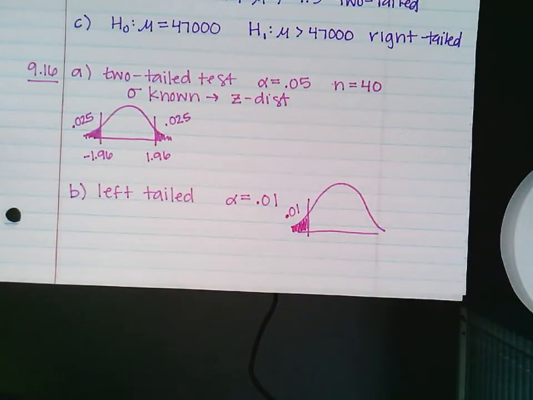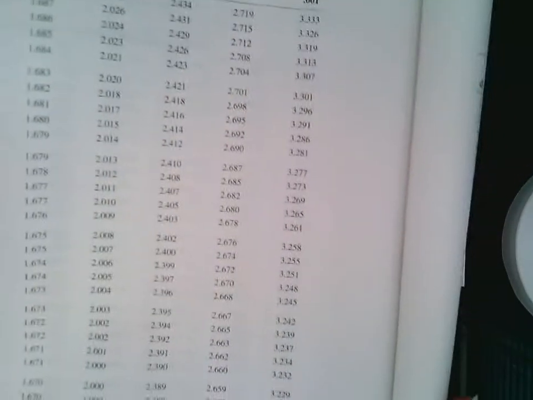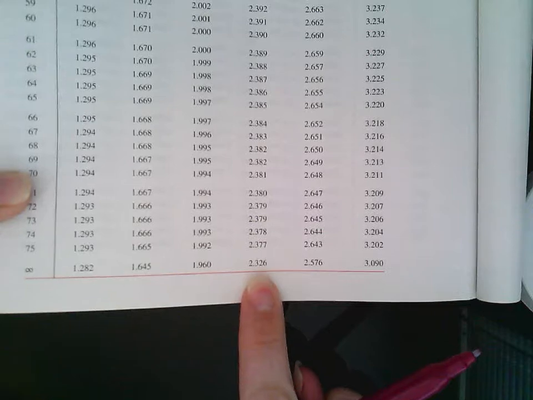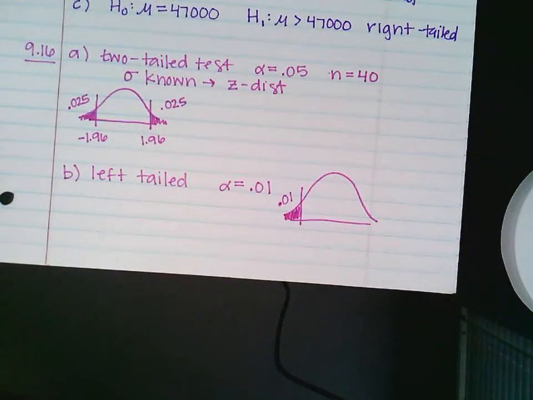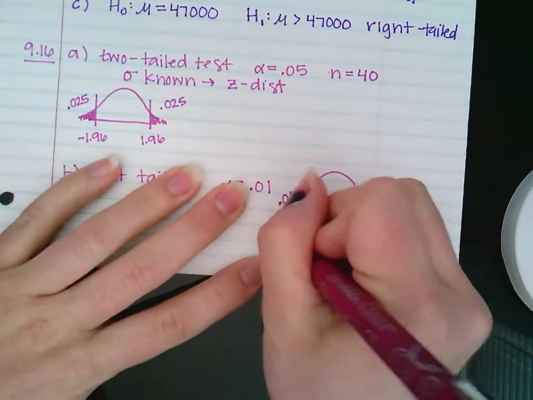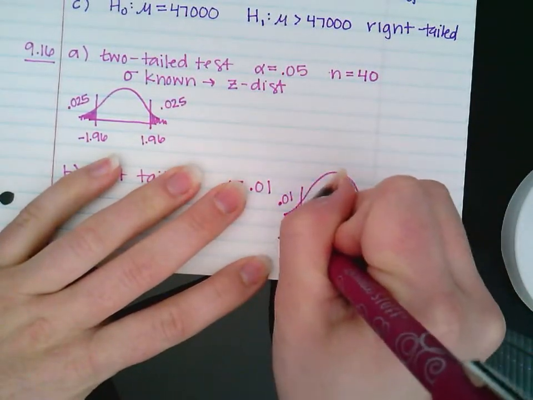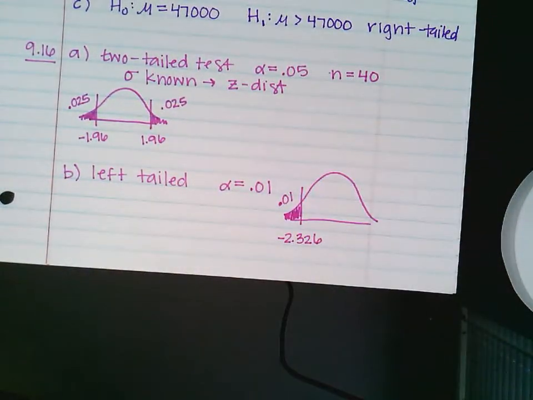I'm just going to turn that critical value into a negative. So if you look under your 1 here, all the way down, I'm going to use this value here. I'm just going to make it negative. So negative 2.326. And then I will leave C up to you, using those new tools here.